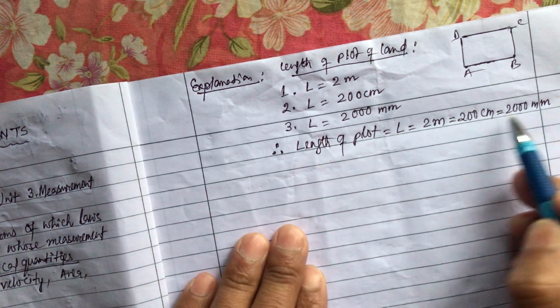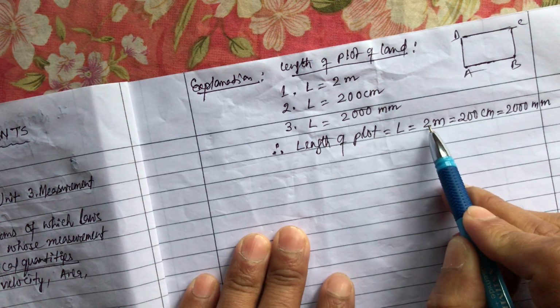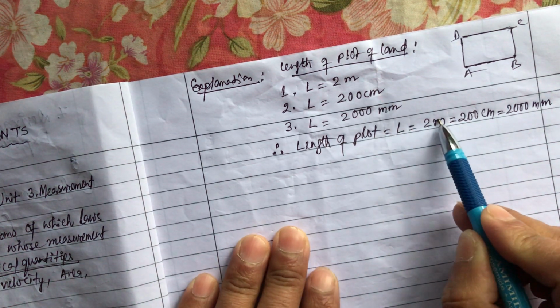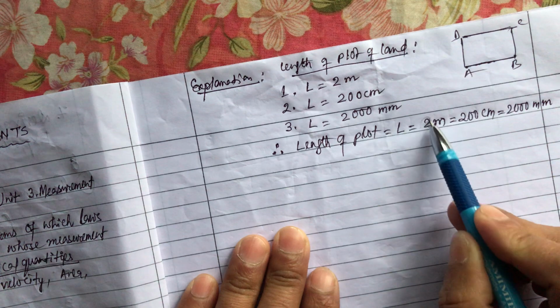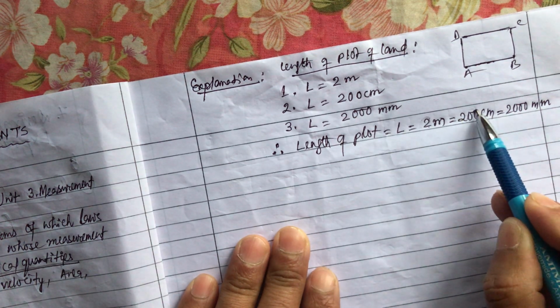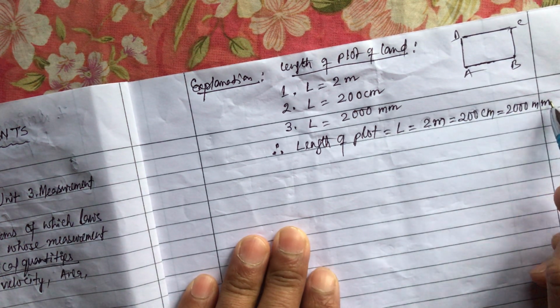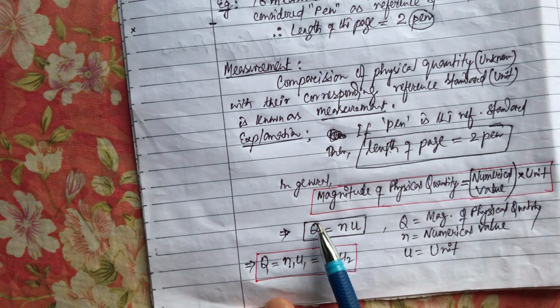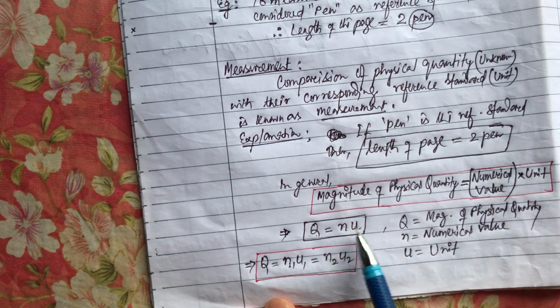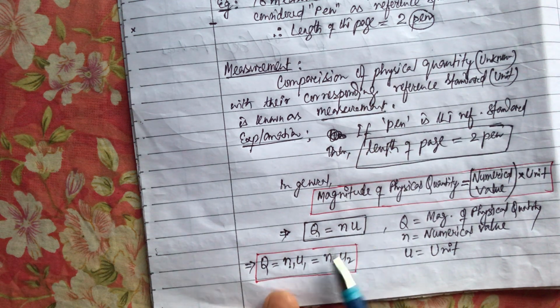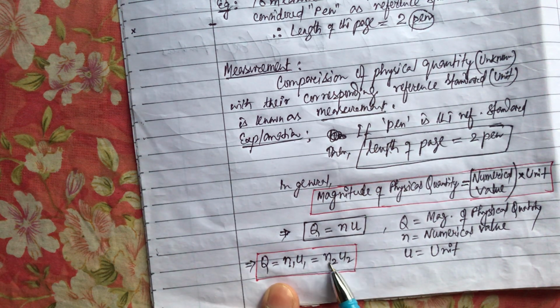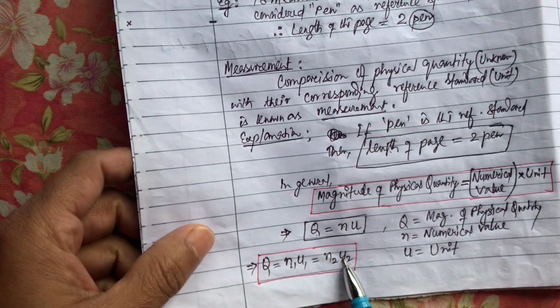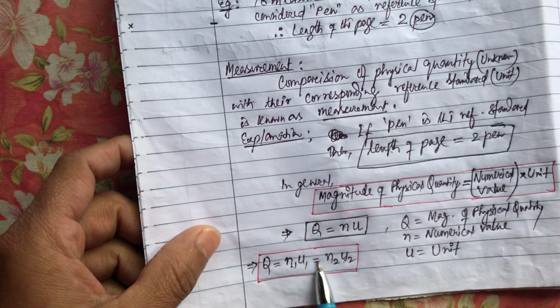So what do these 3 different relations tell us? See, this is numerical value, unit, numerical value, unit, numerical value, unit. This is nothing but the same formula, Q equal to NU, numerical value into unit, and n1 u1, n2 u2 are, as I wrote here, equal.